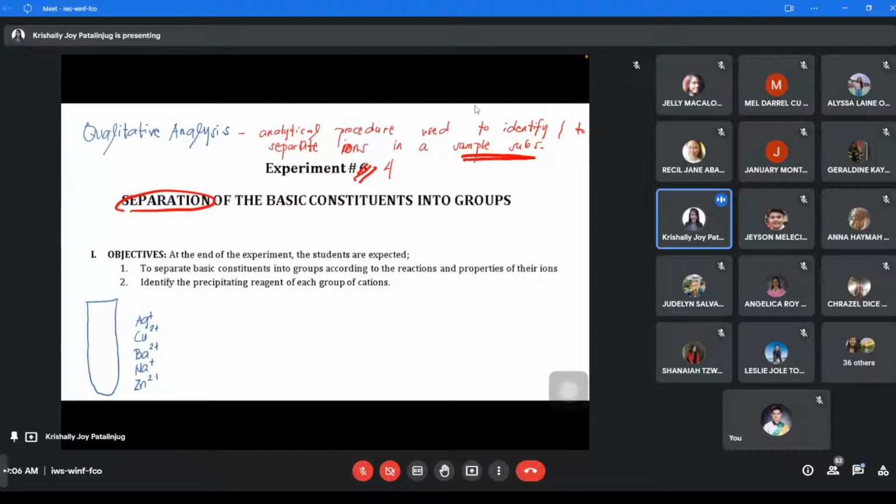I repeat, these are the ions that you will be analyzing later on for this experiment.